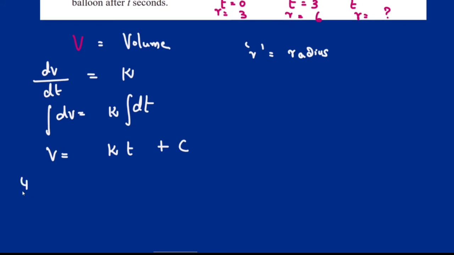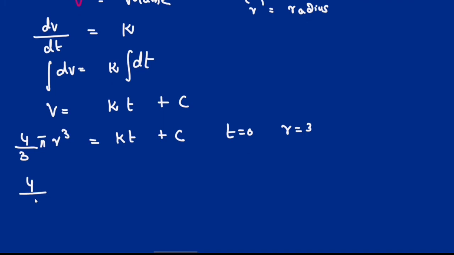So 4 by 3 pi r cube is kt plus c. So we have two constants. Let us use t is 0, r is 3. We get one constant. So when we put r is 3, you will get 4 by 3 pi r cube.